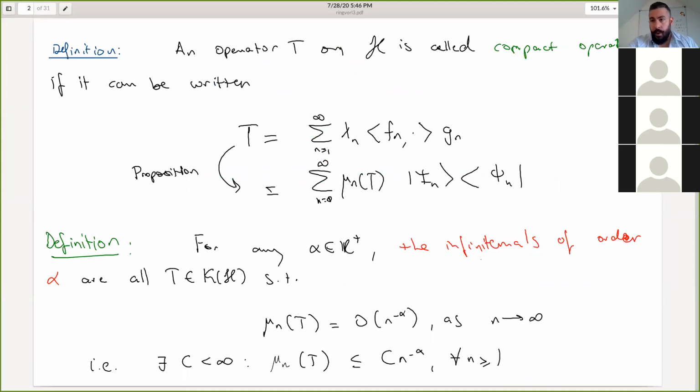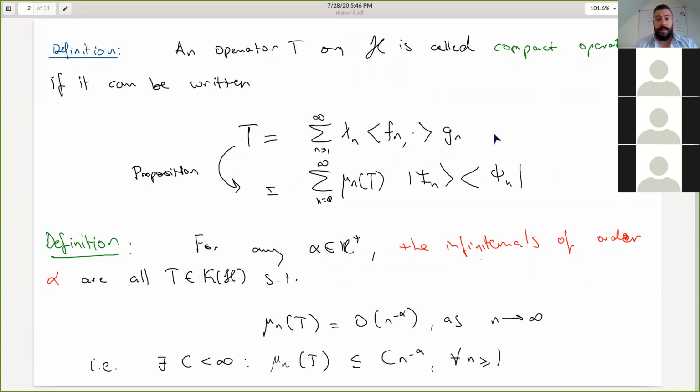Another important definition that I gave you last time was that of a compact operator: an operator T on H is called compact if it can be written as the sum of lambda n times |f n><g n|, where g n and f n are orthonormal systems, not necessarily complete. An equivalent definition is that it maps bounded sequences into sequences with convergent subsequences.